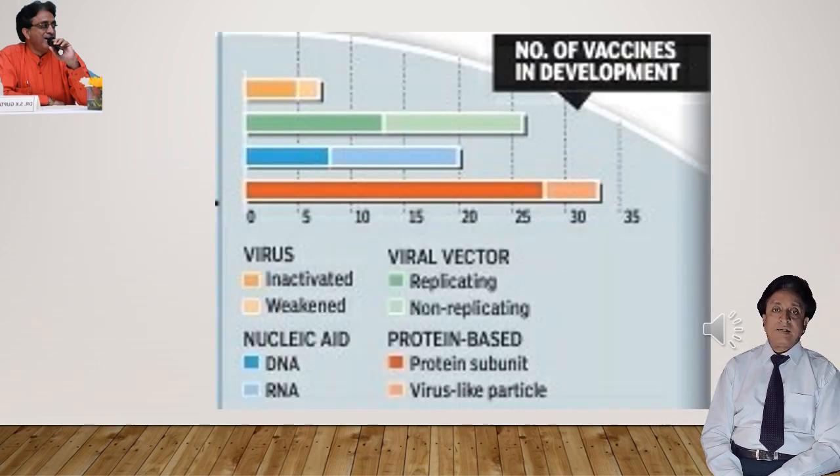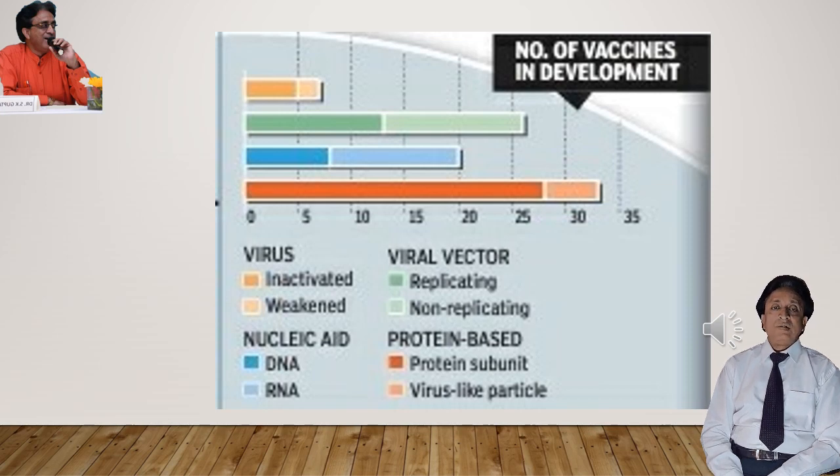The coronavirus is an unprecedented disease in the 21st century, when the facilities for developing vaccines are there. All types of strategies are being adopted by various scientists in the world. About 7 to 8 teams are working on the inactivated or weakened virus vaccine.